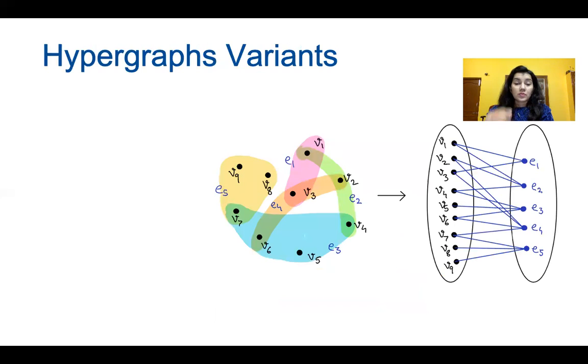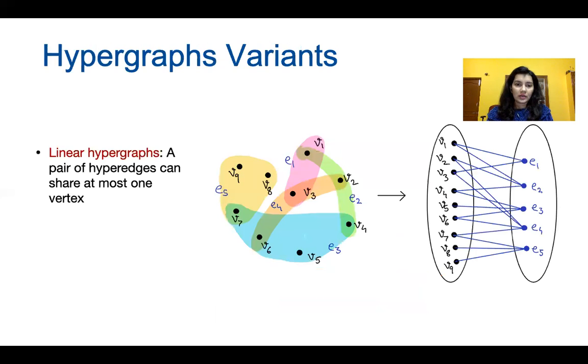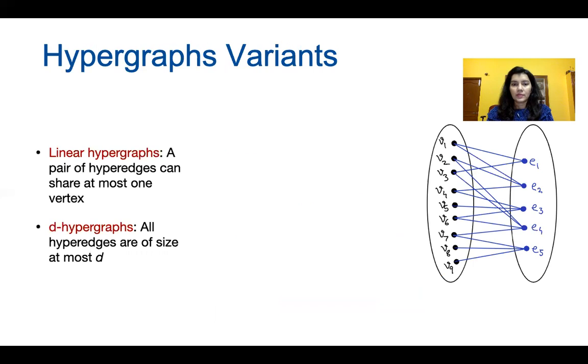So since the problem is W[2]-hard, we look at some restricted variants of hypergraphs. First one being linear hypergraphs, wherein any two hyperedges in a graph do not share more than one vertex, and d-hypergraphs where all the hyperedges are of a bounded size d.